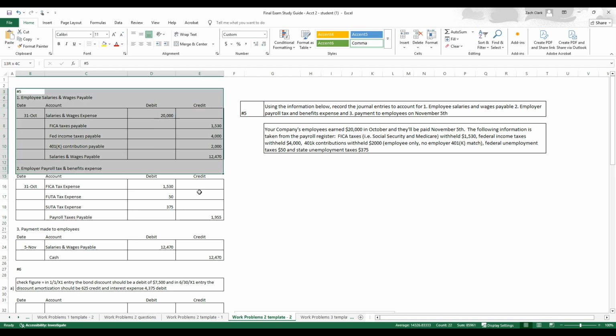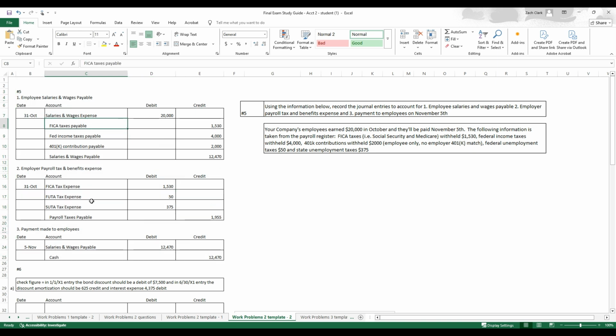So memorize these types of journal entries. Very similar. I don't want to highlight memorization a ton, but there are a few things that you probably should know and have committed to memory, such as the fact that the businesses are the only ones paying the unemployment taxes, that the FICA taxes, Social Security and Medicare, are paid both by the employee and the employer.